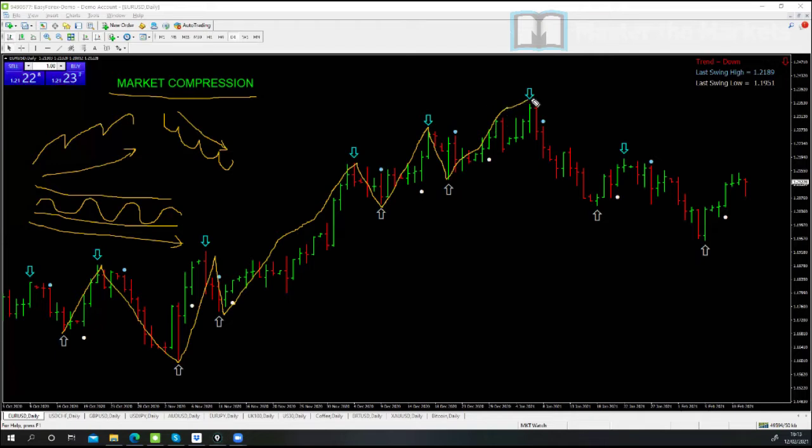So as you can see here, we have a low and a high. We have a lower low, but after this, the next one is a higher high. This one is a higher high, and this one here is a higher low.